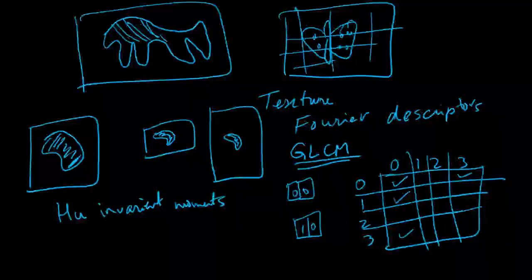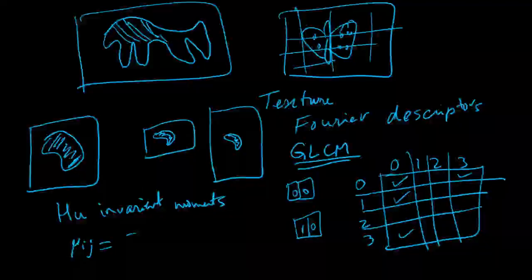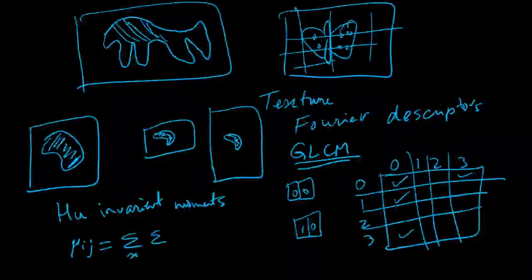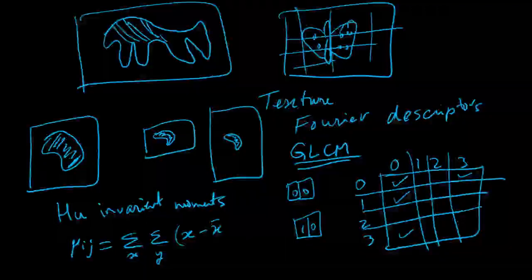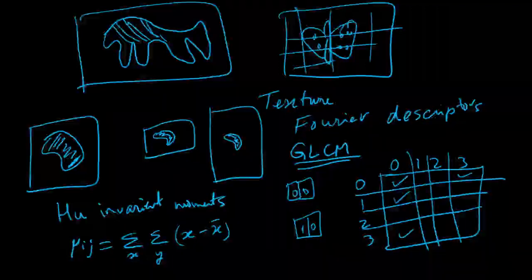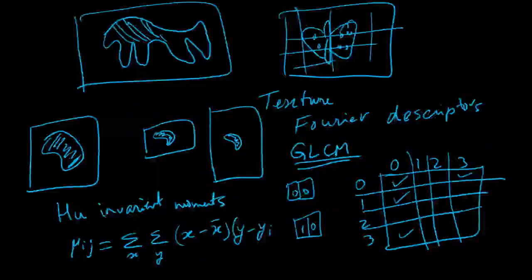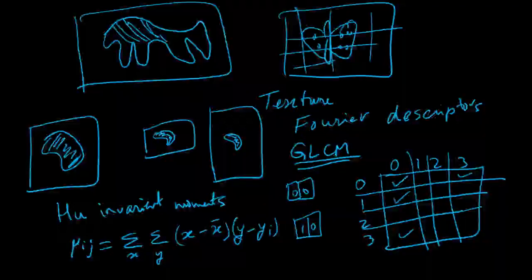So for example, we can compute the moment mu ij. We can take it as a sum over all x positions and all y positions of pixels in the image, and we can take x minus the central x, and y minus the central y, times the intensity at that particular location.